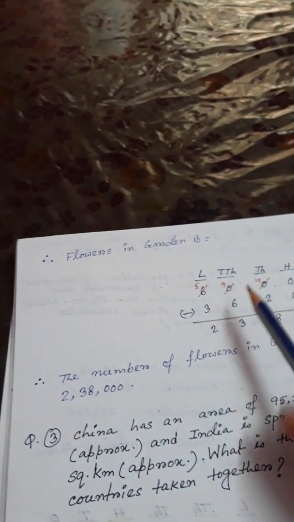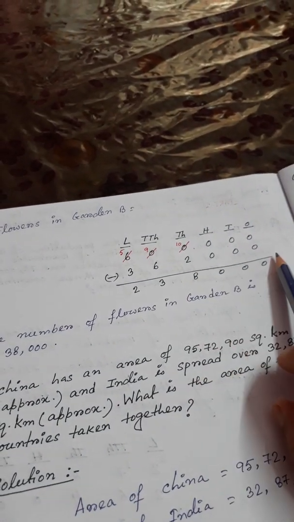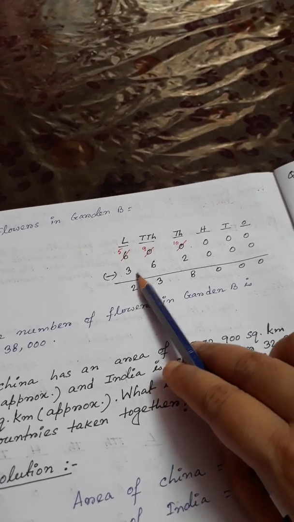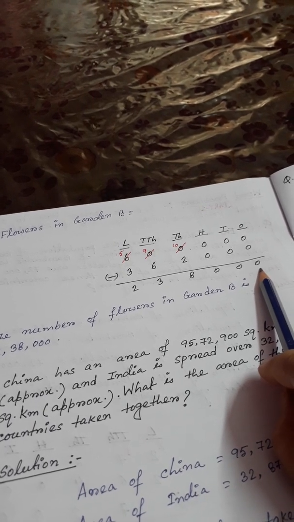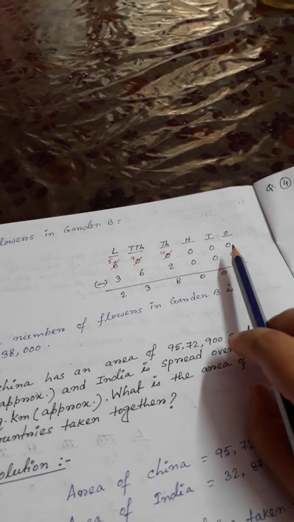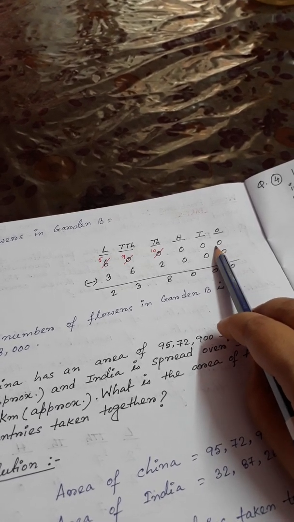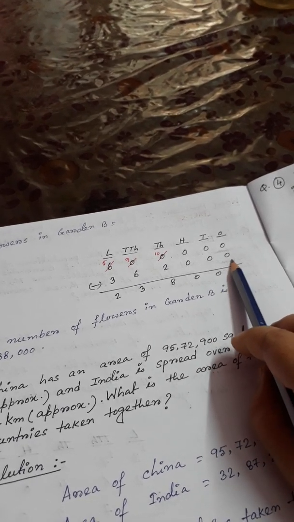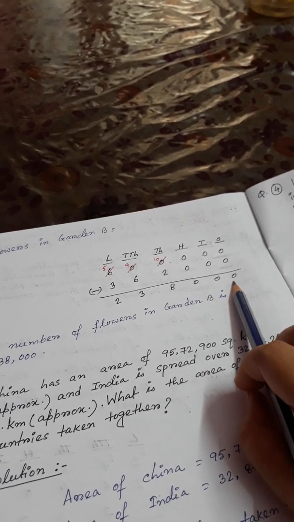So see here, the flowers in garden B equals, you write the numbers in a place value chart. So I wrote here 6 lakh and 3,62,000. Now you start the subtraction from the ones place. Let's see what the number is in the ones place. In both cases, the number in the ones place is 0, so we will get 0.